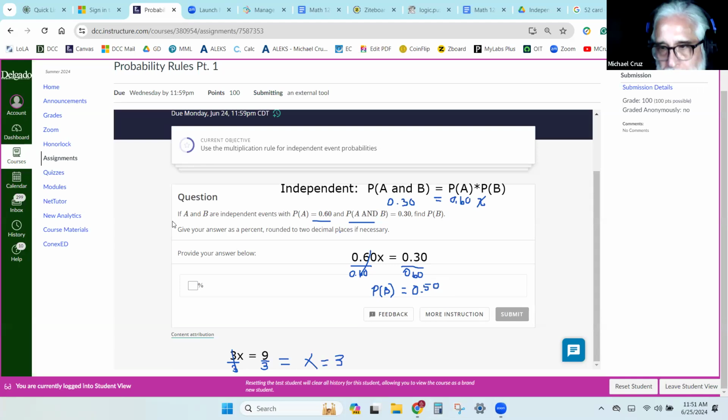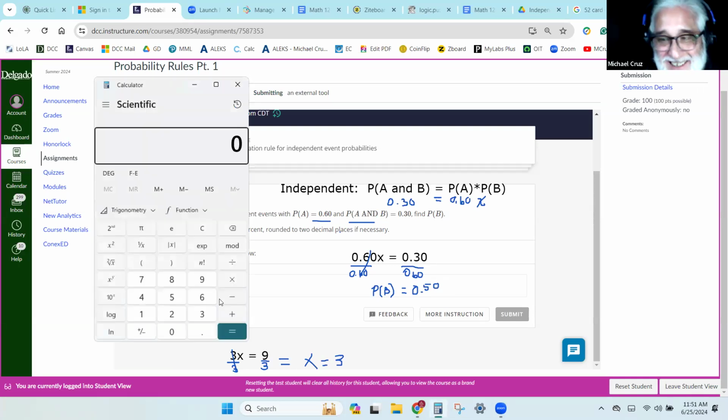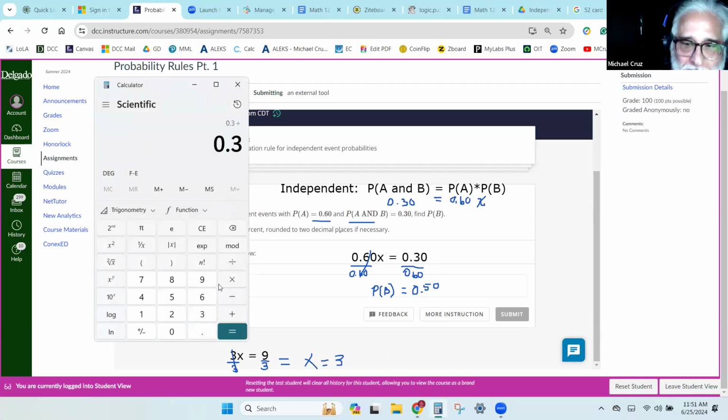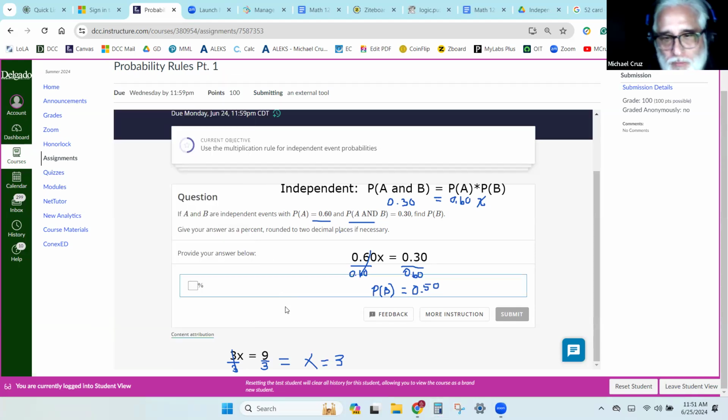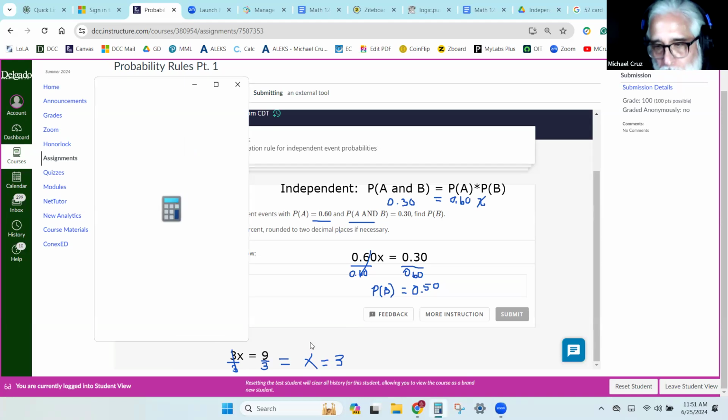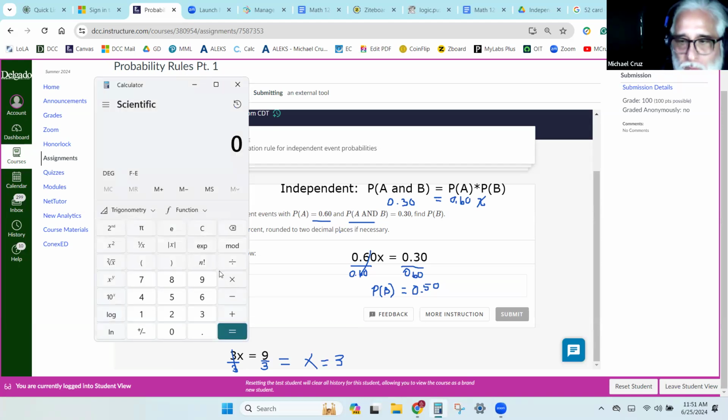Don't believe me? Watch. It's 0.3 divided by 0.6. So now they want it as percent, so we got to multiply. All right, so if I multiply times 100, that gives me the percent.